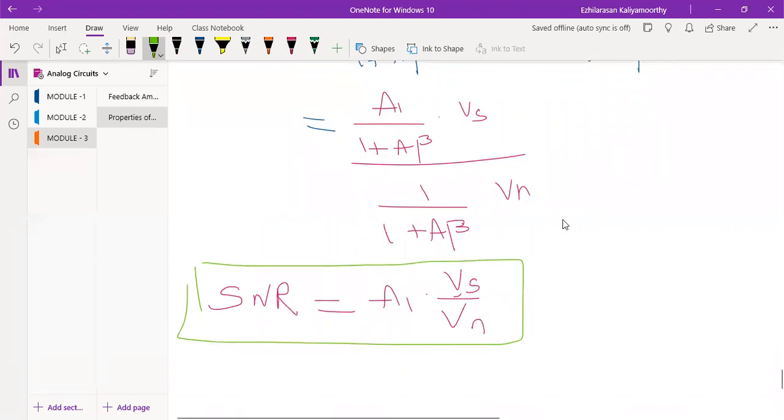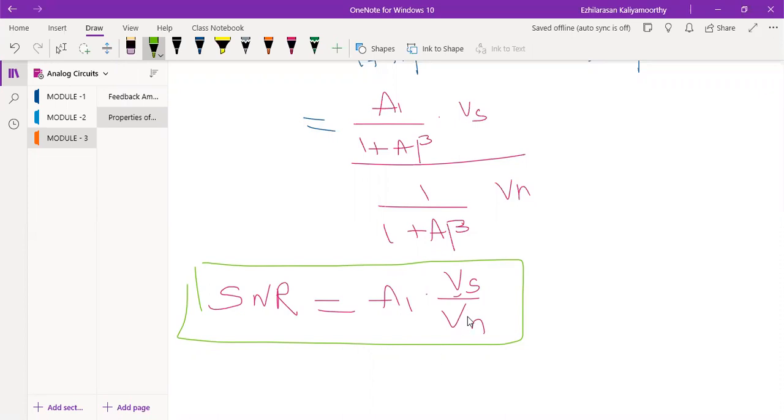What is A1? The gain of your original amplifier, multiplied with the input signal source, divided by the noisy signal. So the improvement in SNR by the application of feedback is possible only if one can precede the noise stage by a noise-free pre-stage, that is, the previous stage is a noise-free pre-stage.